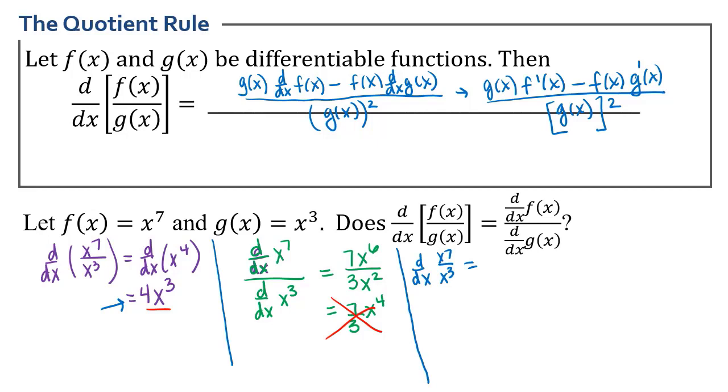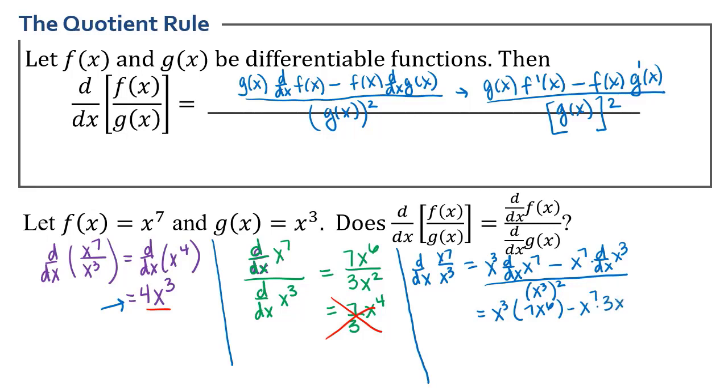So our g of x is x cubed, our f of x is x to the 7th. So it is g of x times the derivative of f of x minus f of x times the derivative of g of x all over g of x squared. So that's going to give me x cubed times 7x to the 6th power minus x to the 7th times 3x squared all over x to the 6th.